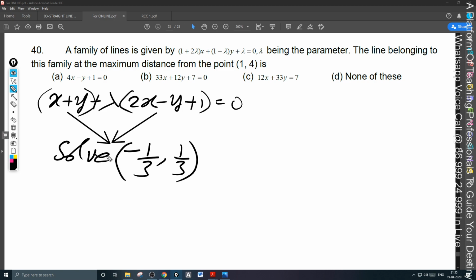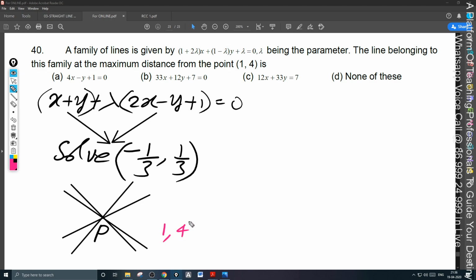Let me draw the set of lines, whose point of intersection we have just now got, which is P. Now there is a point given outside, let me say this is 1, 4, and I'm naming it A.